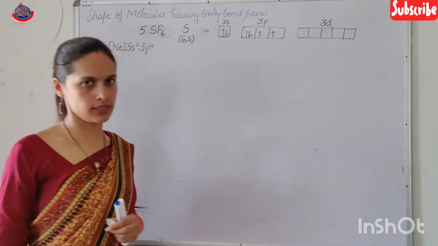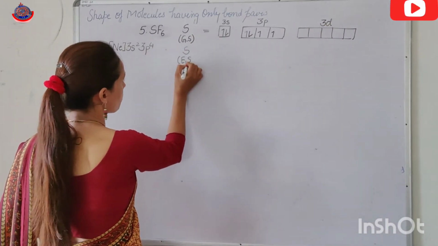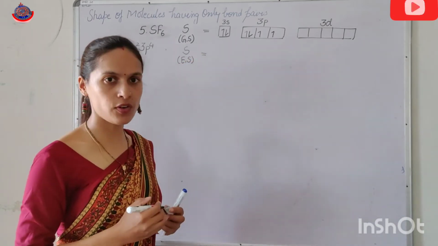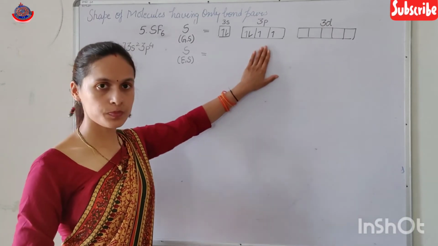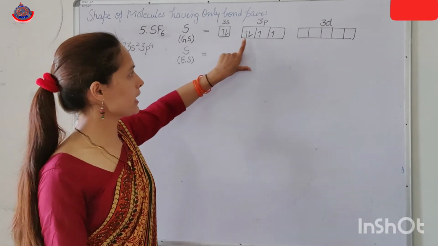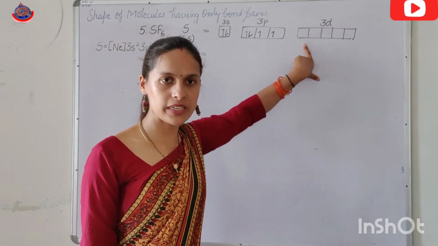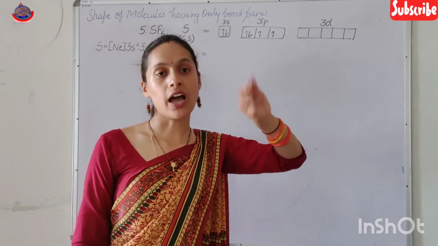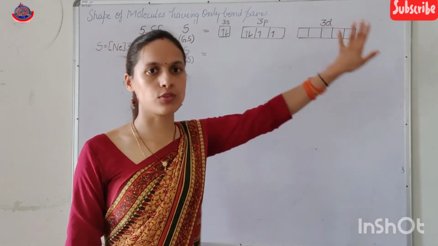Now, how many half-filled orbitals do we want? 6 half-filled orbitals. And how many do we have? 2. Now, if one electron from p will jump to d, how many half-filled orbitals will we get? 4. But how many do we want? 6. So, the s electron will also jump.